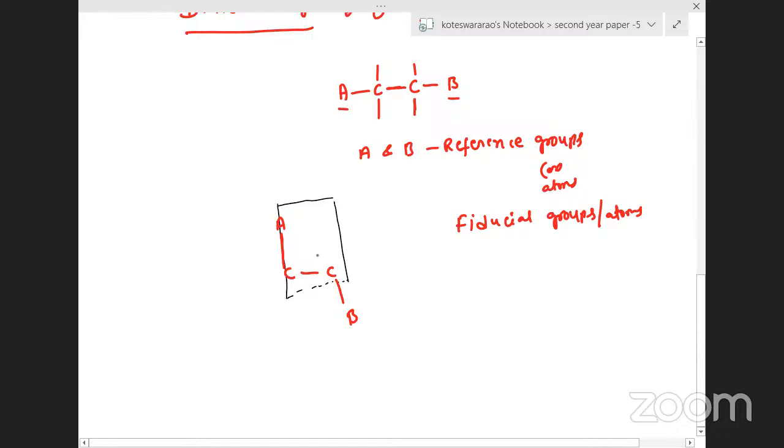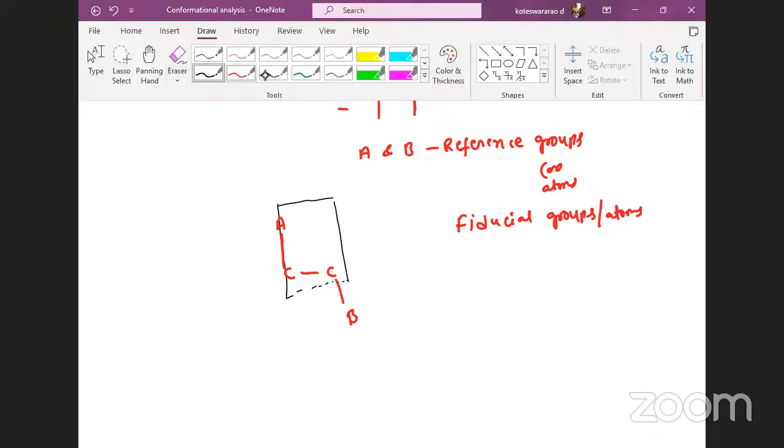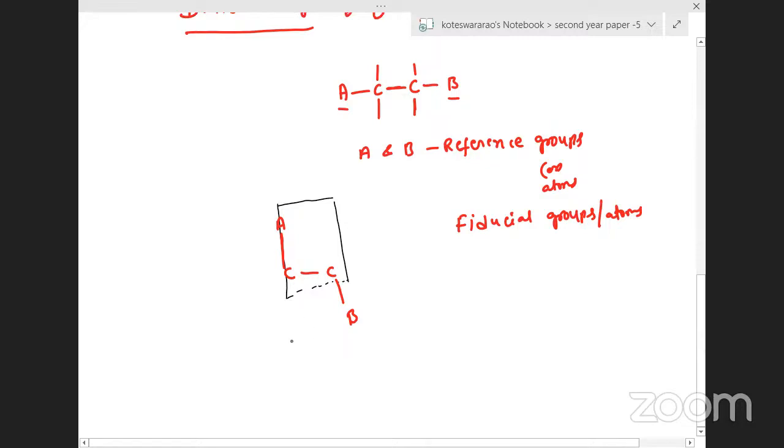This plane is passing through, and I find atom A. Next, I'm considering another plane which is passing through. Right. This is another plane. Now, the angle between these two planes is known as the dihedral angle.